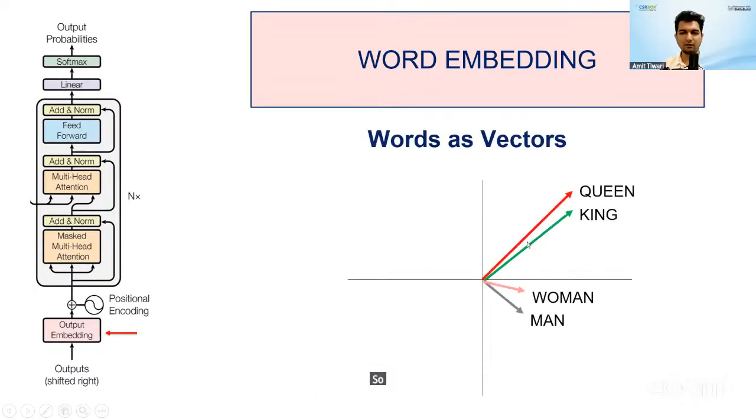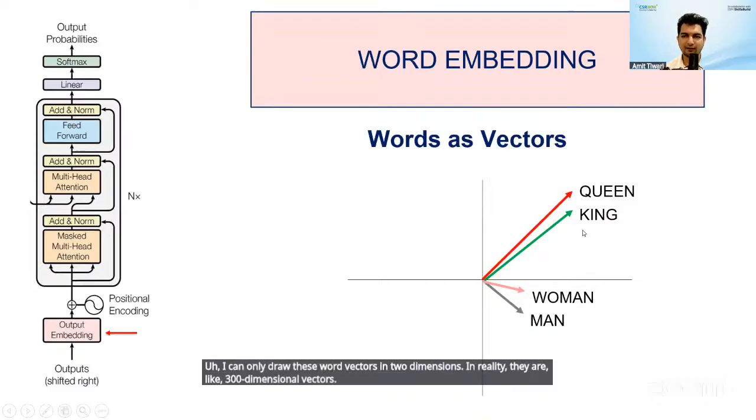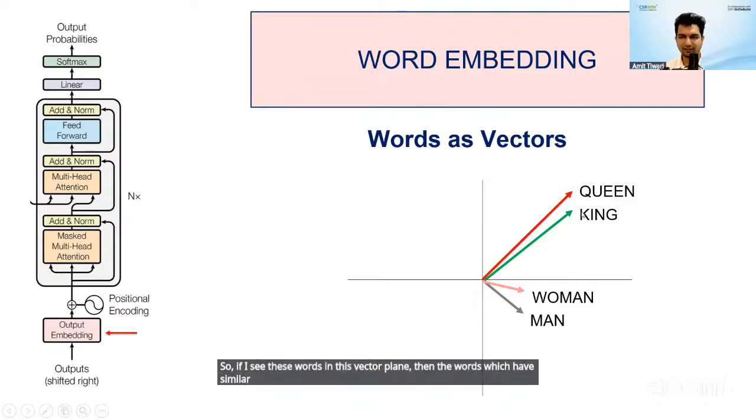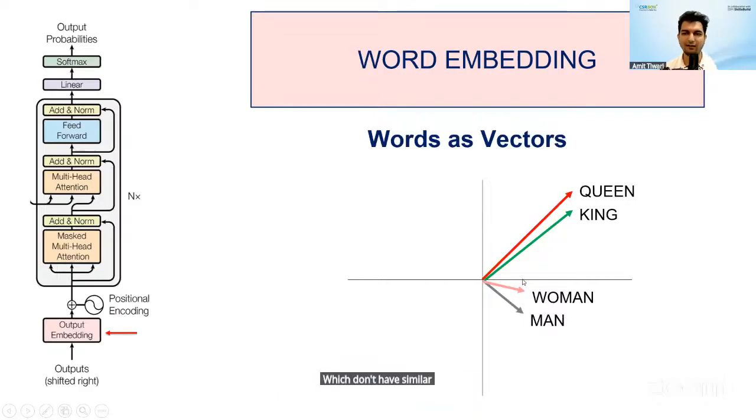If I talk about this in very simple language, I can only draw these word vectors in 2 dimensions. In reality, they are like 300 dimensional vectors. If I see these words in this vector plane, the words which have similar meaning will lie in the same direction, and words which don't have similar meaning will be perpendicular to each other.